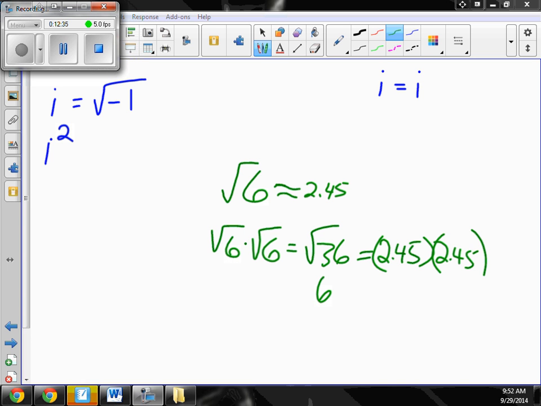So I could say 2.45 squared is going to be 6.